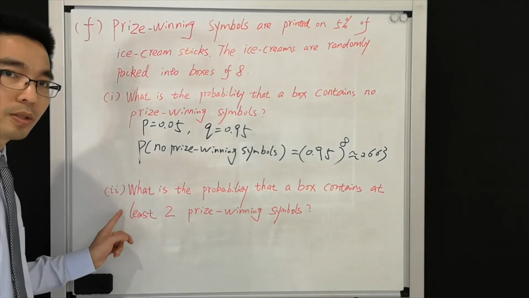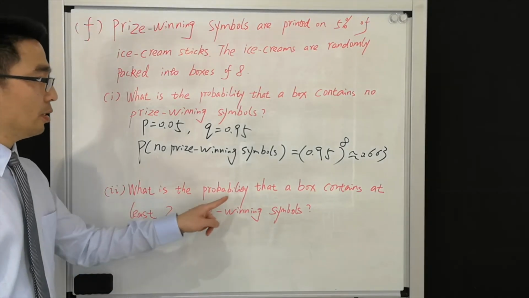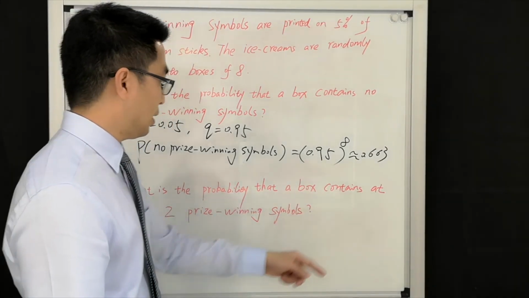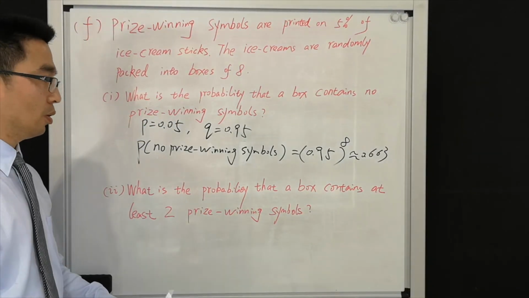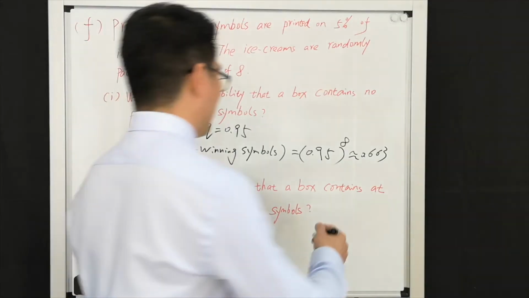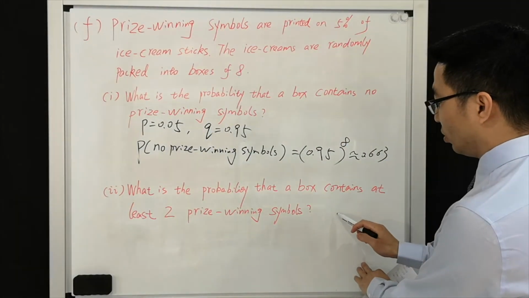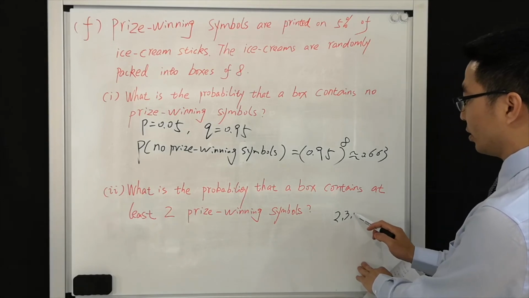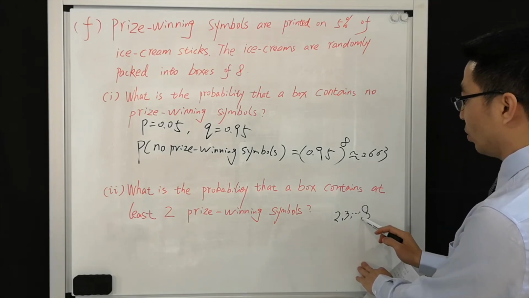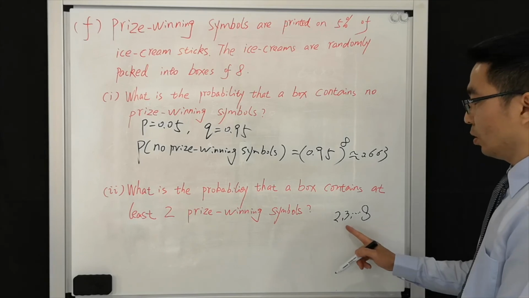Okay, for the second one, what's the probability that a box contains at least 2 prize winning symbols? So we need 2 or 3 or 4, 5, 6, 7, 8, or all of them have winning symbols, at least 2.